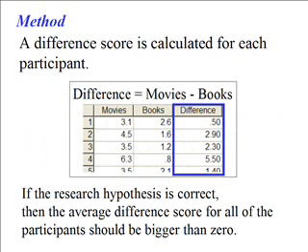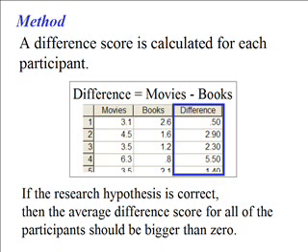The way that the paired samples t-test works is it calculates the difference between the measurements for each person. So for person 2, we said that that person watches 4.5 hours of movies and 1.6 hours is spent reading books.